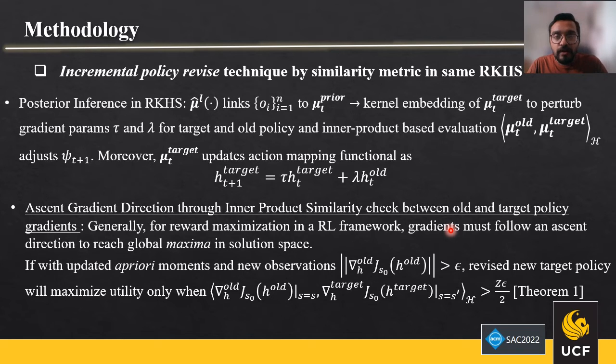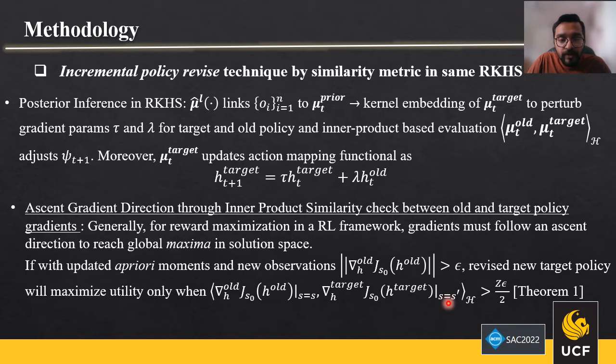If we need to relearn a new policy with updated a priori moments and new observations, and our old policy gradient goes outside the epsilon neighborhood of the optimal solution, then we need to relearn a new policy. And the new policy will maximize our reward only when this dot product based calculation is always greater than a positive value, that is epsilon by 2.